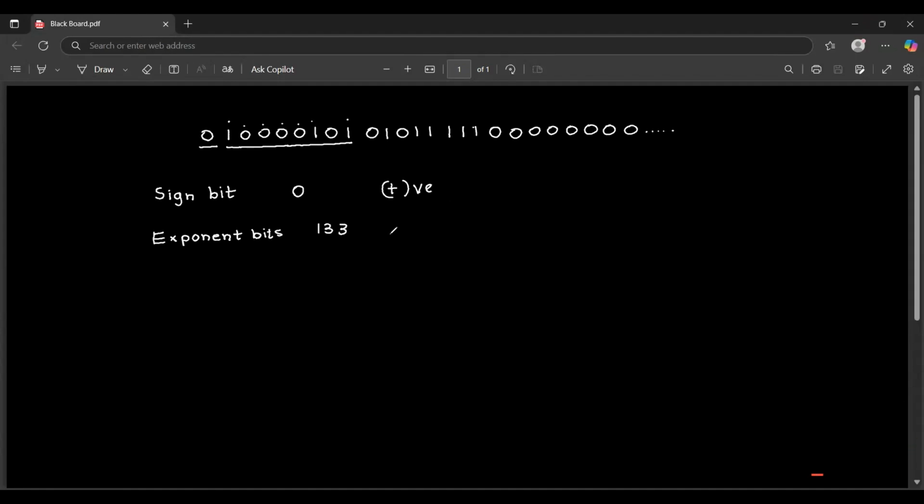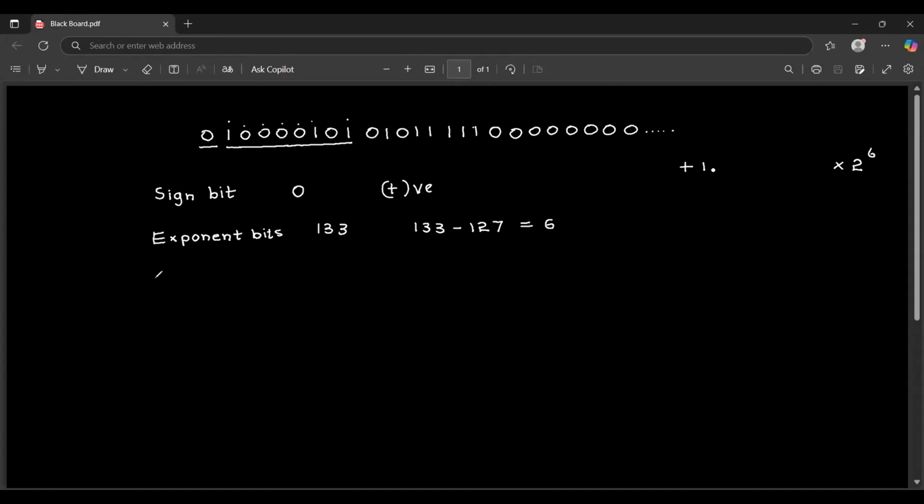If we reverse the process of biasing, since this is a 32-bit system, we have 8 exponent bits. According to the biasing, we added 127 to this, so we have to subtract. So it will be equal to 6. So the power is 6, which means the number will be positive, 1 point some sort of mantissa, into 2 to the power 6.